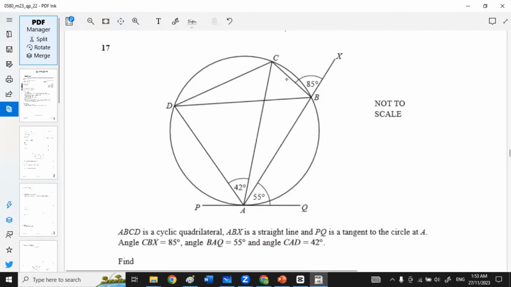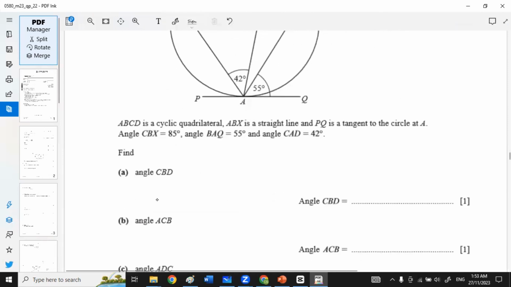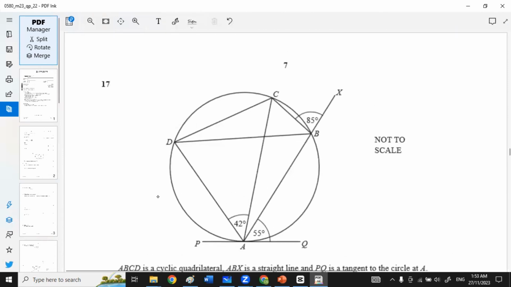One more tip: when you want to answer an angle question, don't combine everything together. It's better for you to split it. First one, angle CBD. CBD is here. If you have a circle, you want to find this angle.